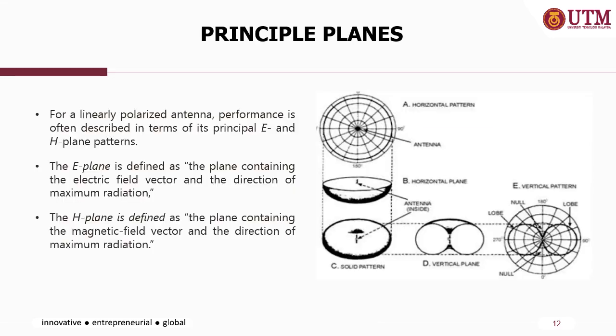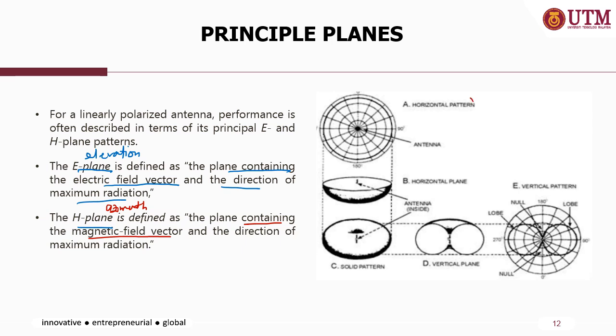Okay, this slide briefly defines what the E-plane is and also what the H-plane is. The E-plane is the elevation or vertical plane which contains the electric field vector and the direction of maximum radiation, while the H-plane, or horizontal plane, also called the azimuth plane, is defined as the plane containing the magnetic field vector and the direction of the maximum radiation.